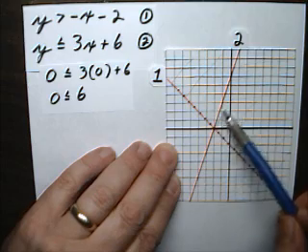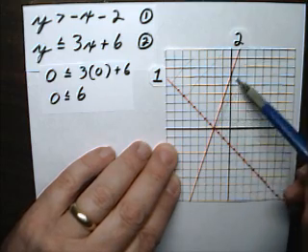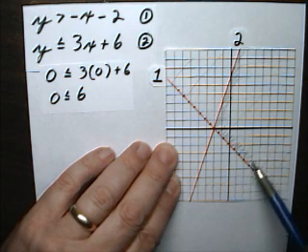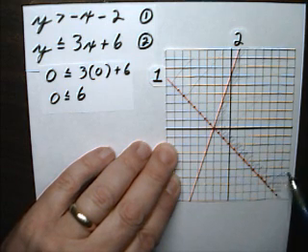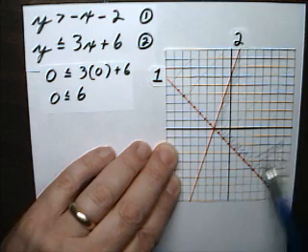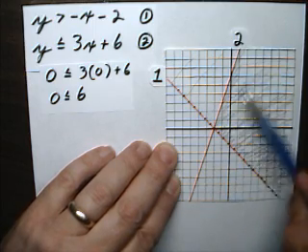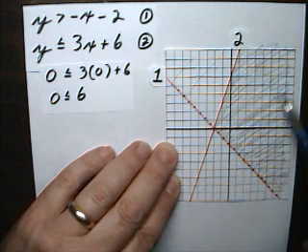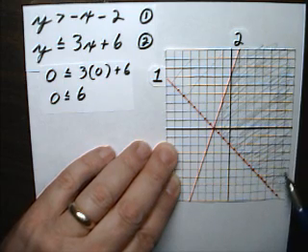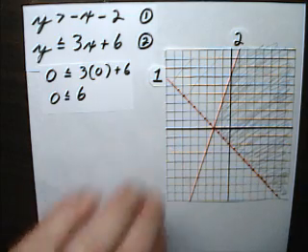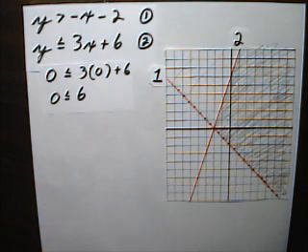The shading for the solution for the system is where both of the inequalities were shaded, and that was this area. So that's the graph for the solution of that system of inequalities.